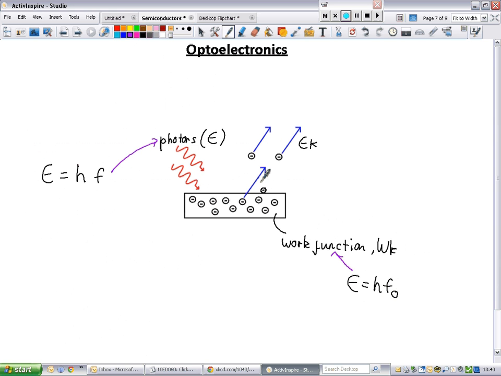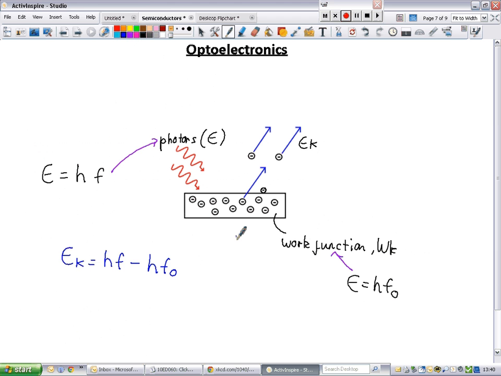And then anything that's left over is kinetic energy. So your kinetic energy is essentially equal to the energy that the photon has minus the energy that it gives up to the material to cause the electron to be ejected. And we call that photo emission. The photo part comes from the light, that's just another word for light, and the emission part is because the electrons are given out.